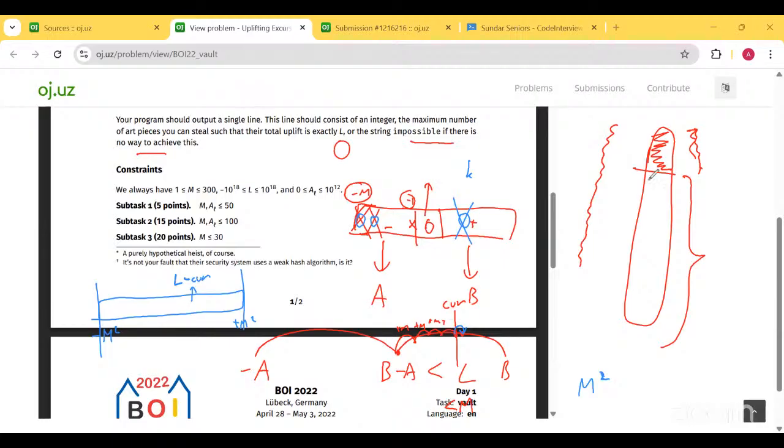So the result is the current number of items we use currently, added by dp of this. Maybe the current number. This is the current uplift. I think we need the current number of items added by dp of L minus current uplift.